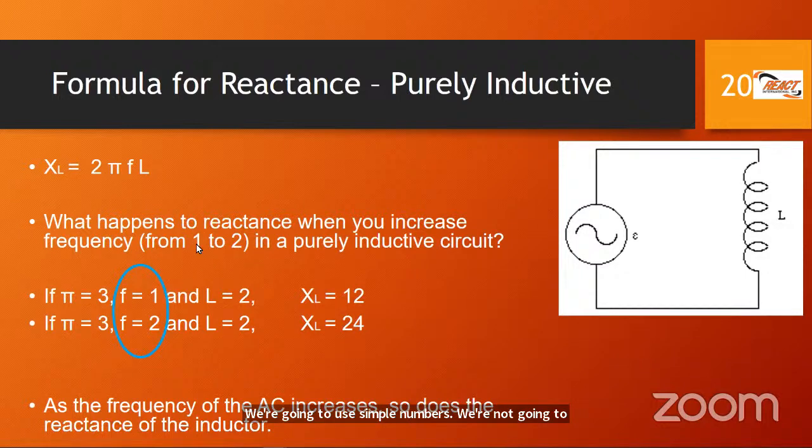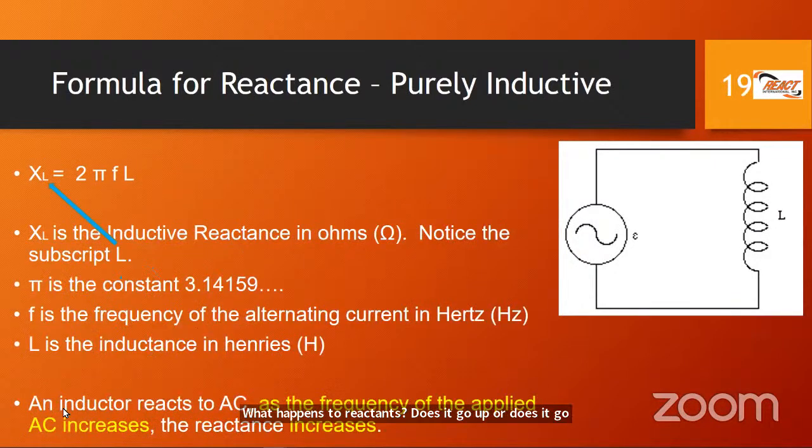So the frequency is 1 hertz and we're increasing it to 2 hertz. What happens to reactance? Does it go up or does it go down? That's all we are trying to do here, to prove this previous bullet point that we are taking as a given. But we want to make sure, is that really true? The statement that as you increase the frequency of the AC, it will increase the reactance.